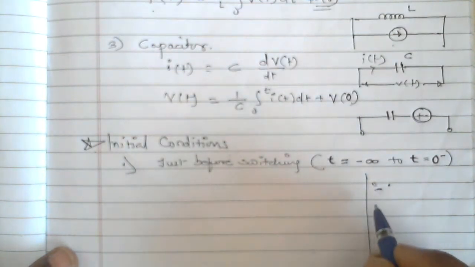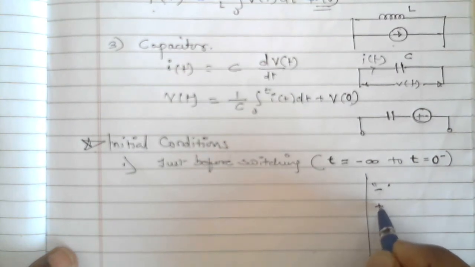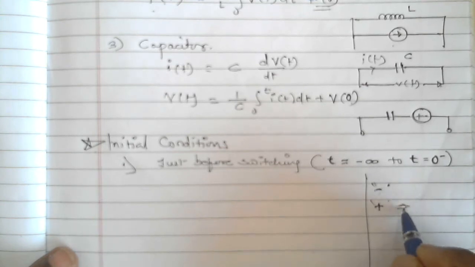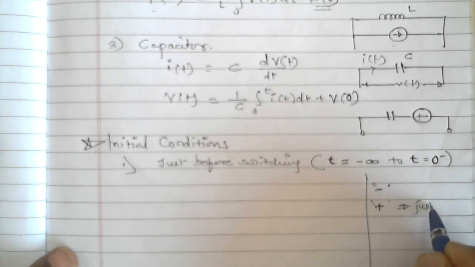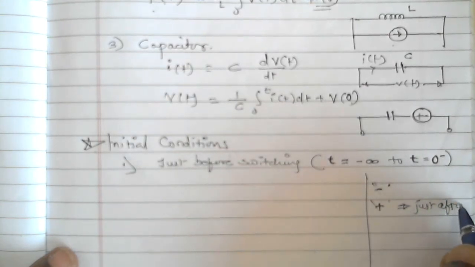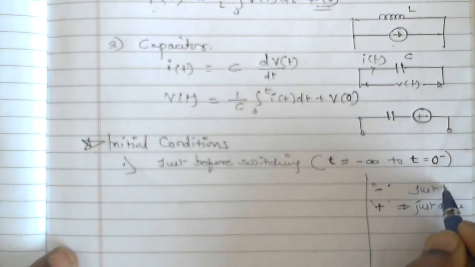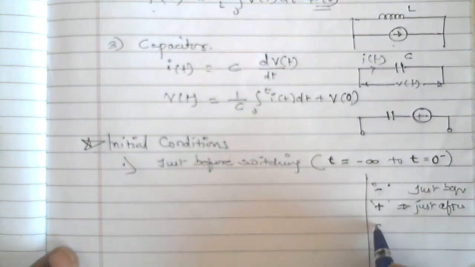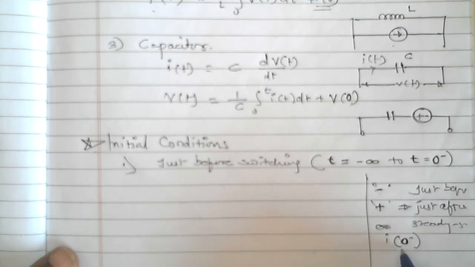And the plus sign is used to indicate the condition just after switching. This is just before switching. And infinity means steady state condition. So whenever I want to say the current just before switching, I will write i(0 minus). Here 0 means initial, and minus means just before switching.